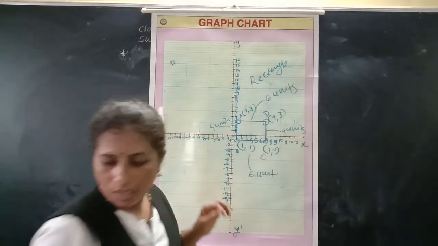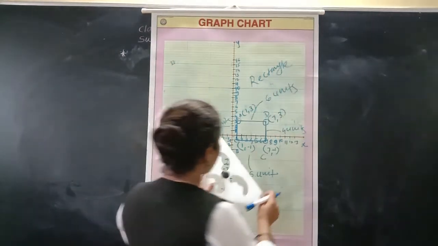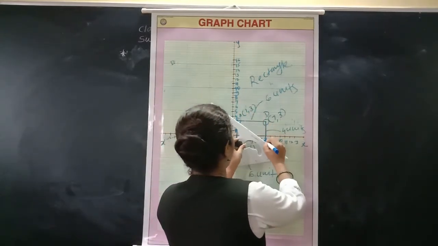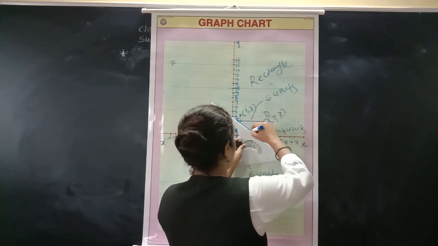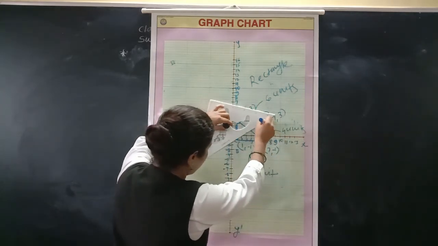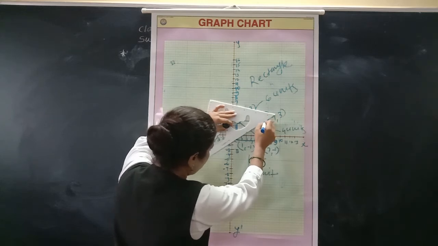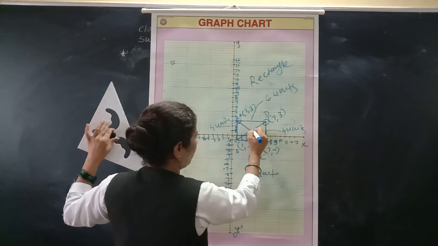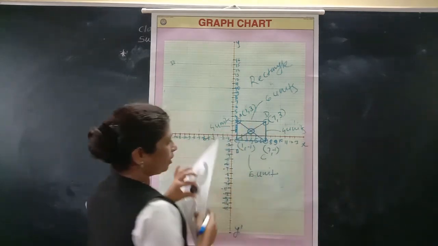Now we have to draw the diagonals, and drawing the diagonals means everyone knows we have to join opposite points. Okay. So this is the point of intersection of your diagonals.